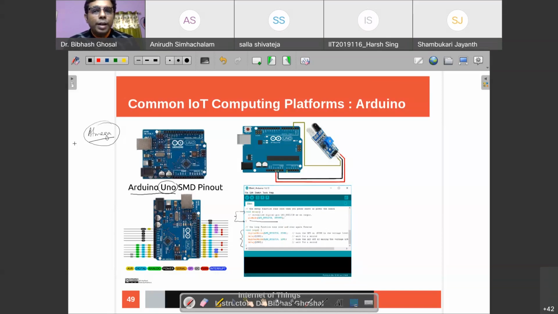So anything you would like to work with Arduino, good enough, but you have to use other devices as add-ons. For example, it does not have a Bluetooth connection, it does not have a Wi-Fi connection. So you have to purchase Bluetooth modules, connect them to the Arduino board, and write code for accessing those Bluetooth modules. Okay.